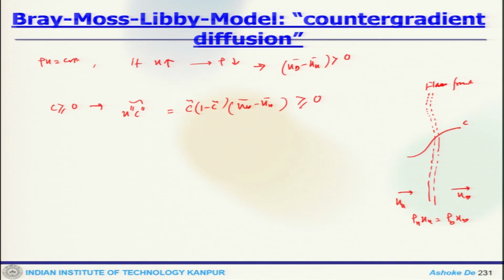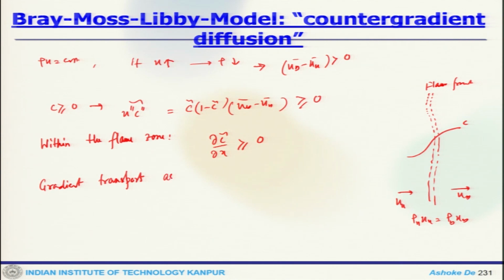Now, this is in the flame front. Now, within the flame zone, if you look at it, del C by del x is greater than 0. Now, if I use our gradient transport assumption, I can write u double prime would be minus Dt del C by del xi, which is less than 0.